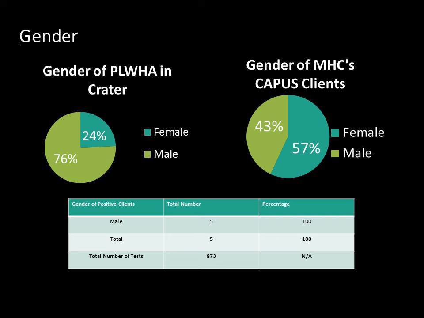What we have on the left is the HIV epidemic among men and women in the Crater Health District. And what you see is that about 3/4 of all people who are living with HIV in that area are men, and just a little under 1/4 are females.